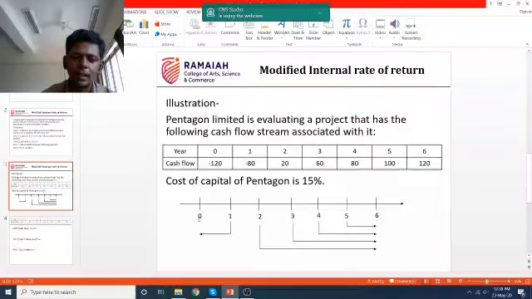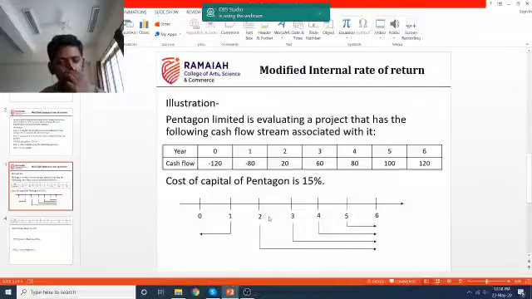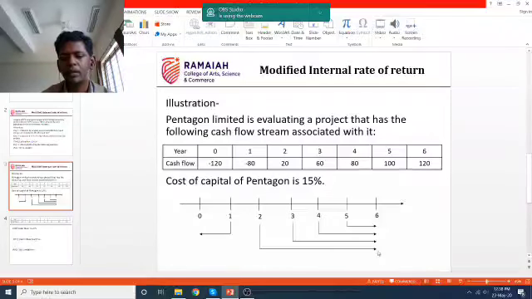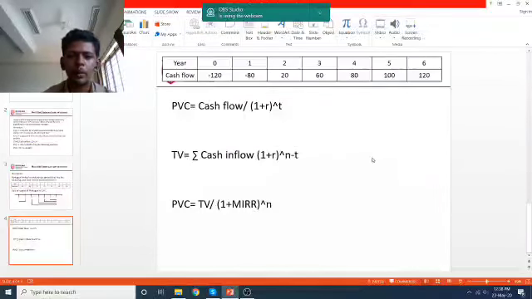So year 0 and year 1, you are discounting the cash outflows to year 0. From 2 to 6, those are the cash inflows. You need to compound them to the 6th year, the terminal year or the end year. The project life is 6 years, so you bring it to 6 years. We'll see how it actually works.